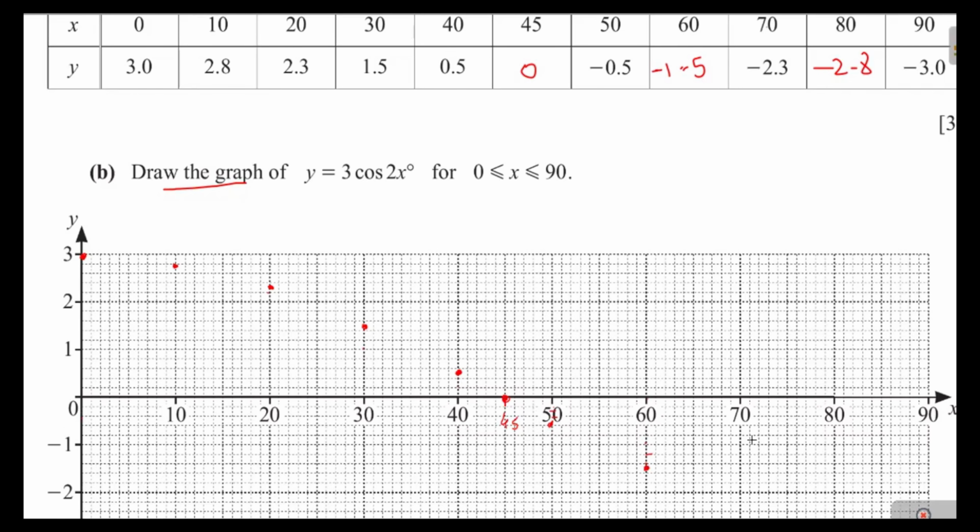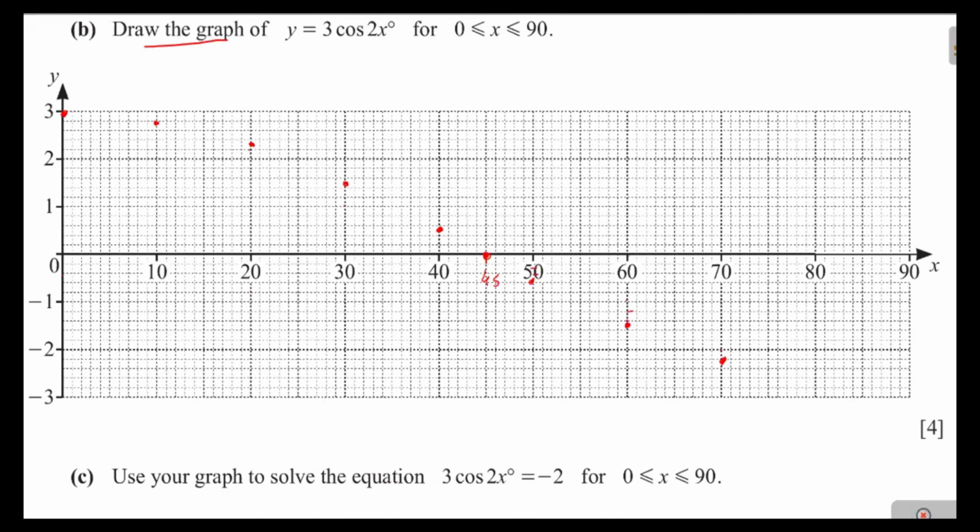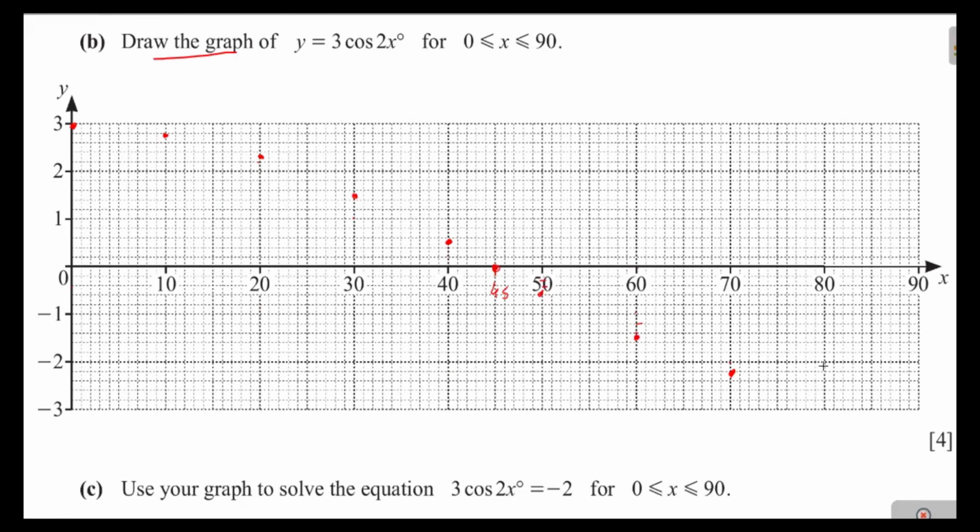Now 70 to minus 2.3, this is 70 and this value is 2.2 and this is 2.3. Next is 80 to minus 2.8, this is 80 and this value is minus 2.8.